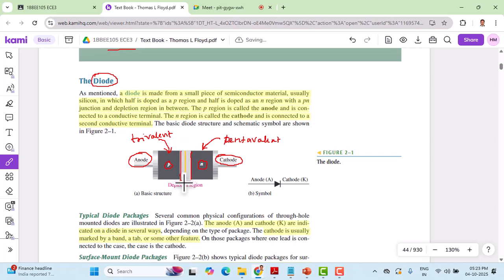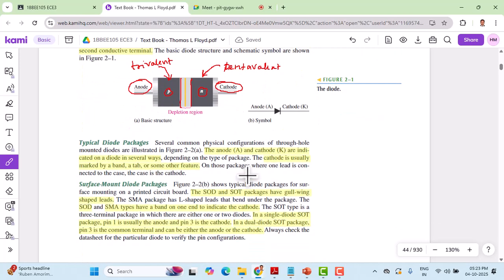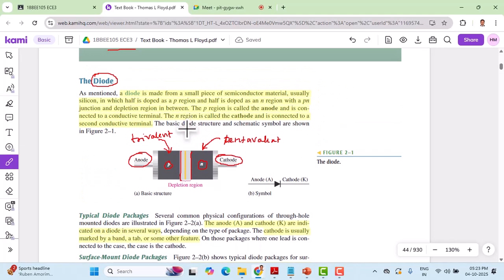What you see is a junction, which is an interface of P-type and N-type semiconductor, and later on we attach metal leads to this, namely the anode and cathode. This is how the diode is made, the internal structure of a PN junction.